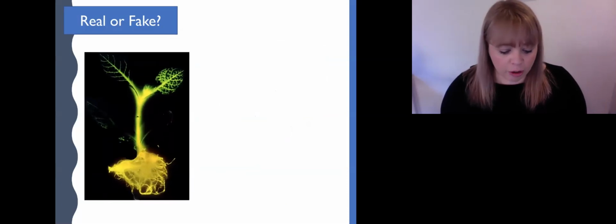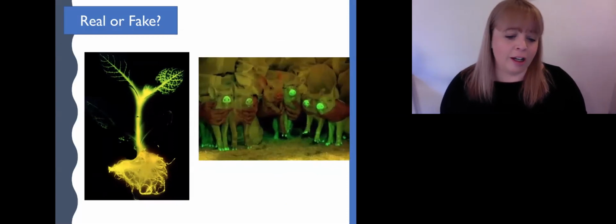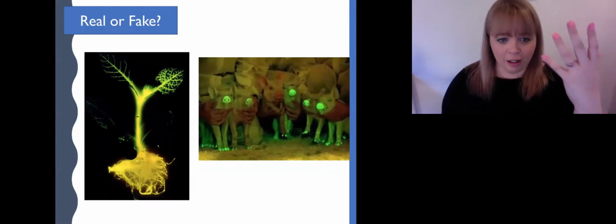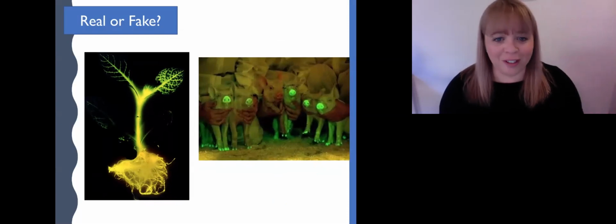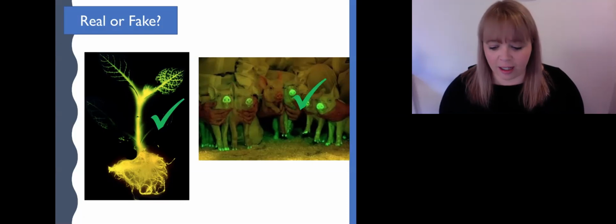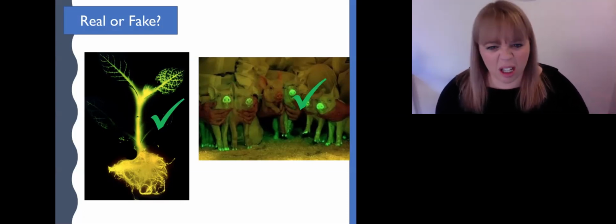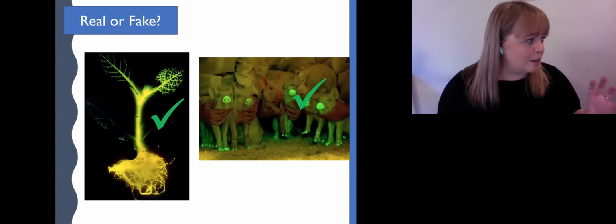Okay, so we've got more glowing things. We've got a glowing tobacco plant, and then very cute little glowing snouts and, what are these called? Hooves of these pigs here. Now, both of these guys are genetically engineered. It's that same jellyfish gene. You'll hear a bit about jellyfish genes.